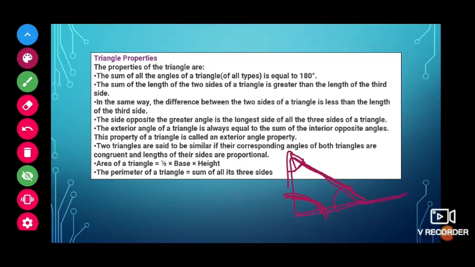If we extend any side, it will form one exterior angle. This exterior angle will always be equal to the sum of the two interior opposite angles in a triangle.